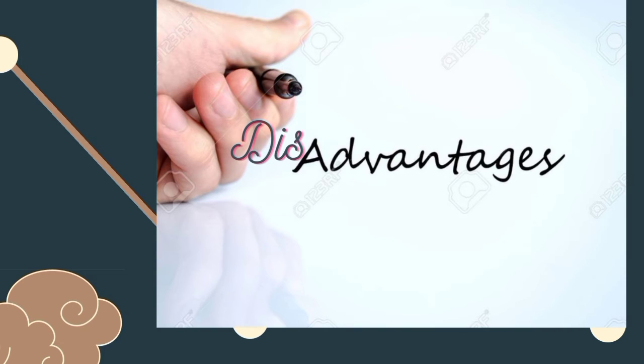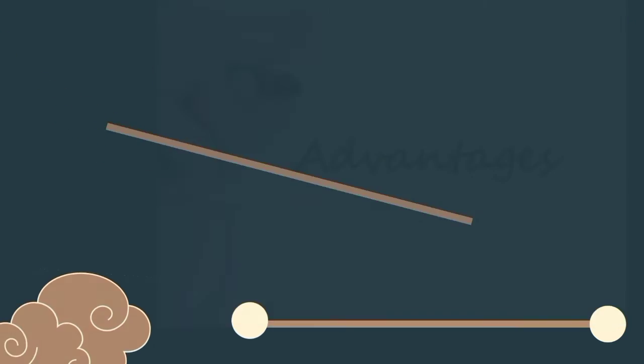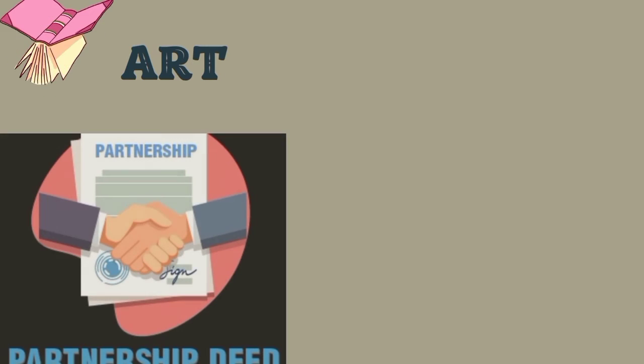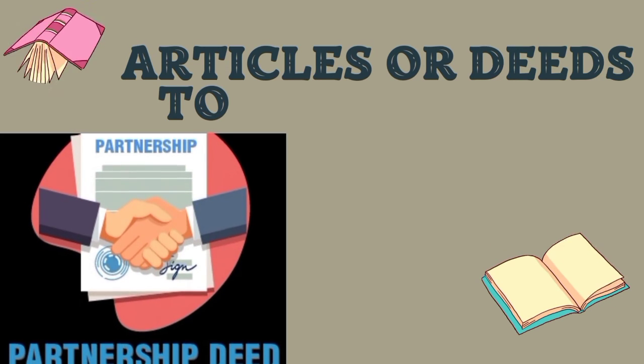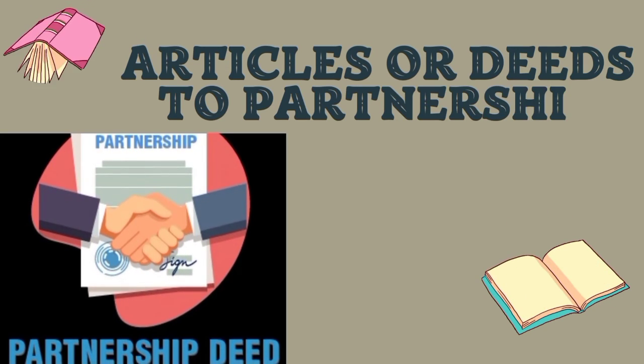So whatever has advantage also has disadvantage. All right. Now I will take the disadvantages again. I said first, there is a risk of disagreement among partners. All right. That will lead us to articles or deeds of partnership.